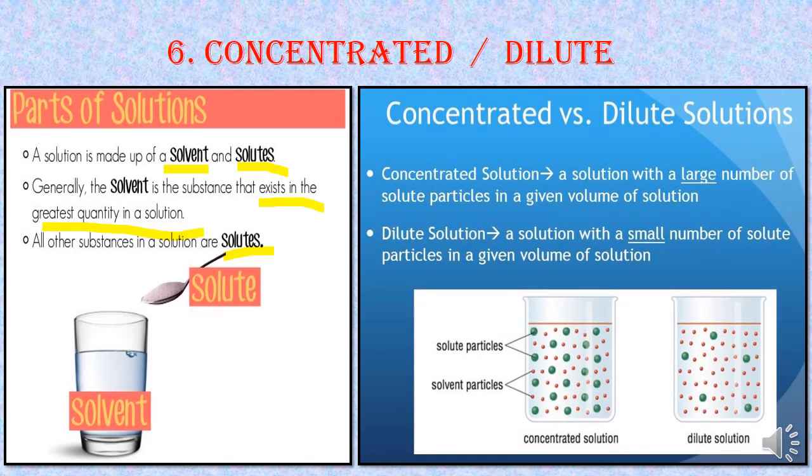Now, concentrated solutions are those solutions in which a large amount of solute is present. It is not necessary that this amount of solute will be greater than the solvent. Okay. And in case of a dilute solution, the solution contains a smaller amount of the solute as compared to the solvent.